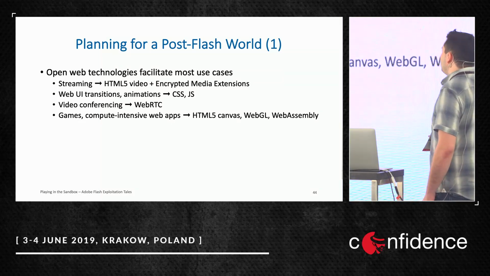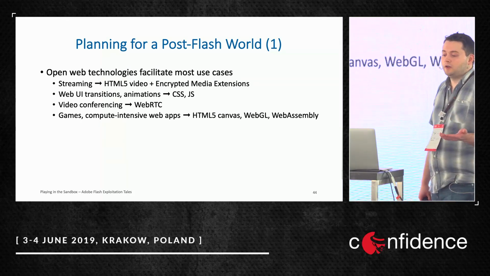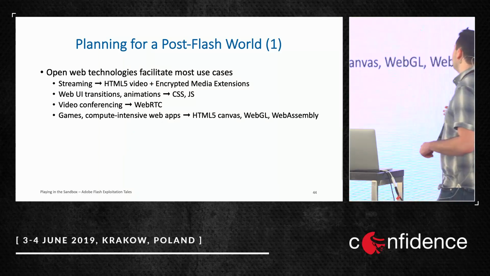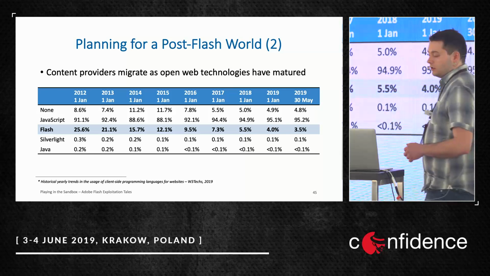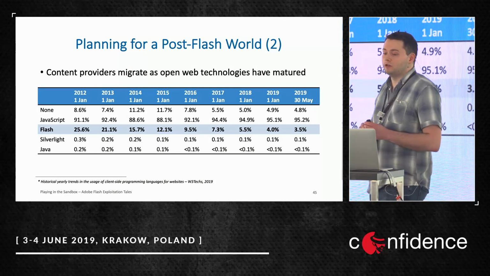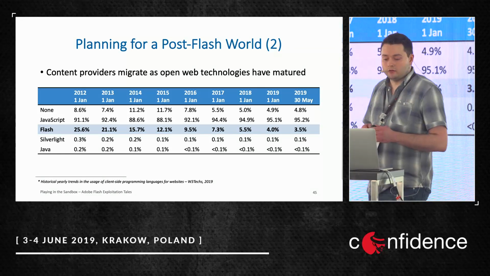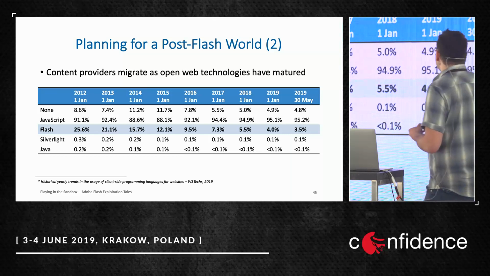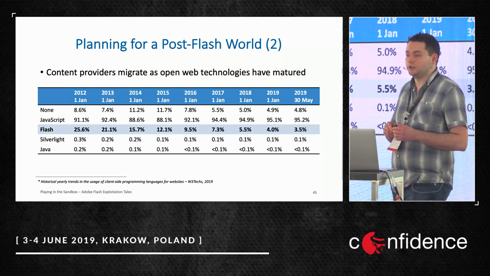For web UI animations, there's CSS and JS. For video conferencing, there's WebRTC. And for games and anything else, we have Canvas, WebGL, and WebAssembly. As we can see, this has resulted in a reduced market share for Flash, down from almost 26% in 2012 to 3.5% at the end of May this year.